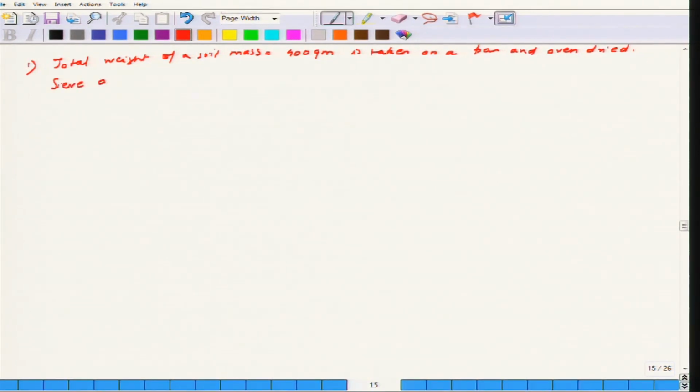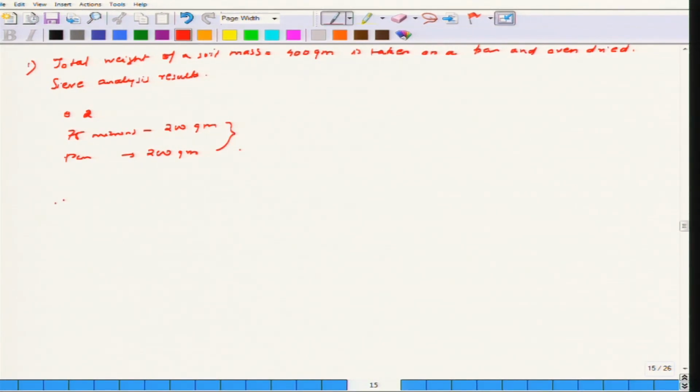Sieve analysis results: let us say that through 75 microns only 200 gram has passed, and in the pan the rest 200 gram is retained.